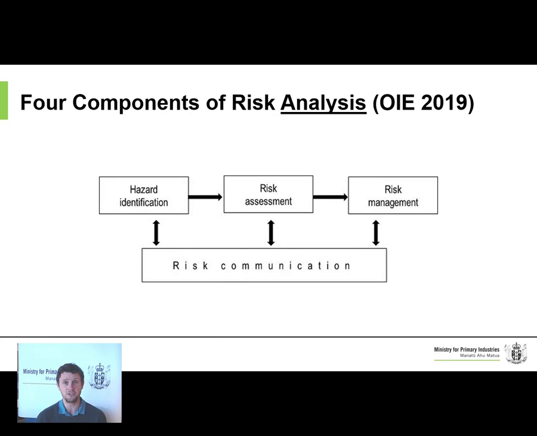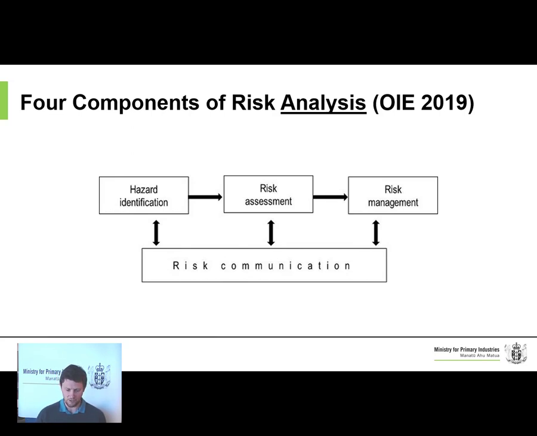This is where your epidemiologists become incredibly useful, particularly around pathway assessment. Your risk assessment itself, this is where it becomes a bit more complicated, and obviously risk management is where you're assessing the options for managing the risk and making a decision based on all the information that you have available from an economic, a human health, animal health, social, international trade policy perspective, and using that information to make a decision around how you're going to manage those specific risks.